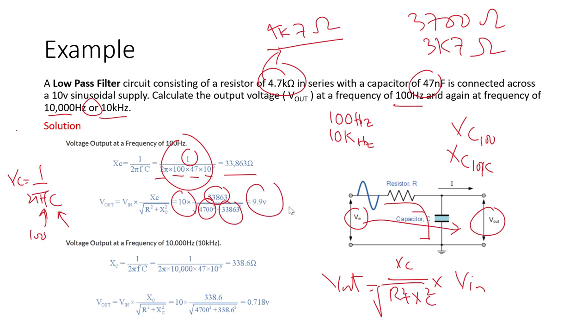So the input voltage is 10 and the output voltage is 9.9 volt, which is almost equal to 10. If you want to calculate the gain in terms of voltage, what will we do? We will write 20 log output by input, 9.9 divided by 10.